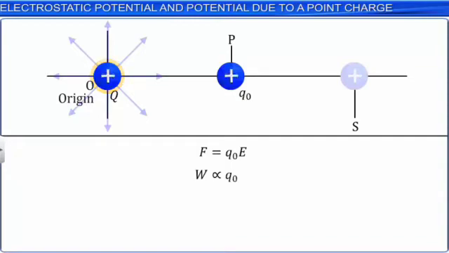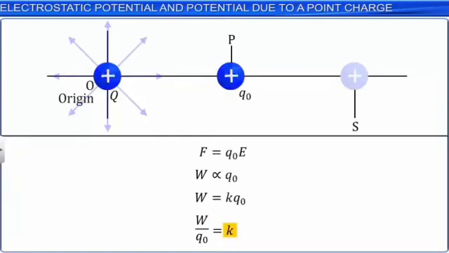We can say that W is equal to a constant K into q naught, or the quantity W by q naught is equal to K. Therefore, the resultant quantity obtained is independent of q naught.